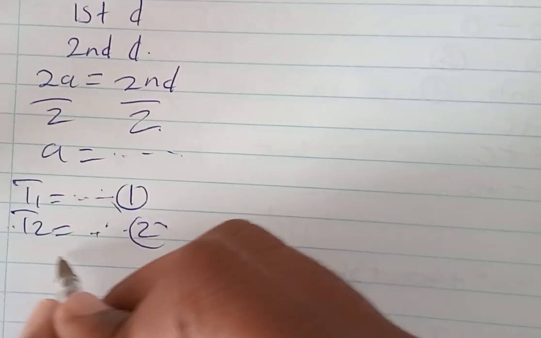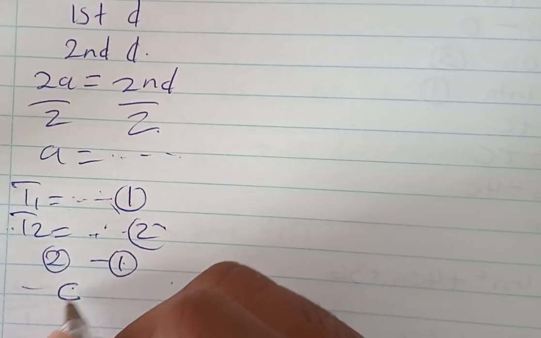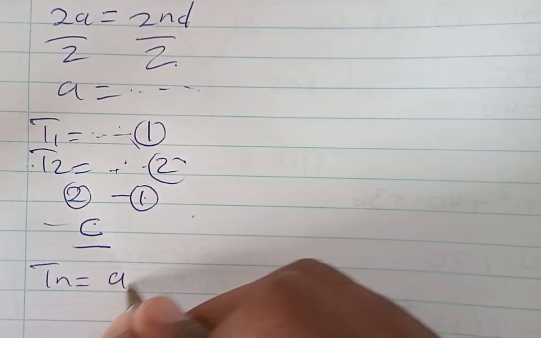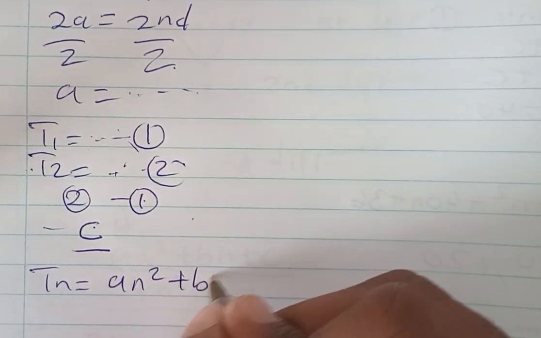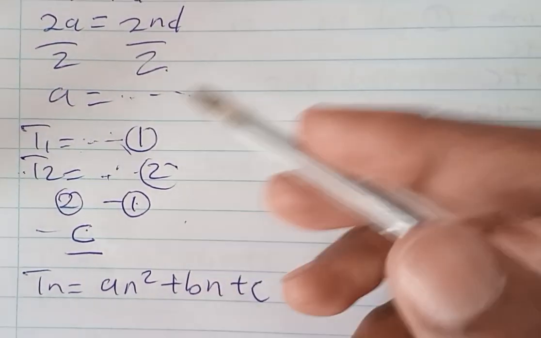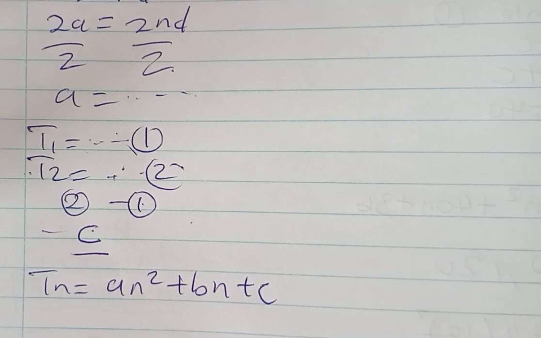After that, you will say equation 2 minus equation 1 to get the value of c. After, you will then have your nth term, which will always be in this standard form, because after all the steps, you'll have the value of a, of b, of c.